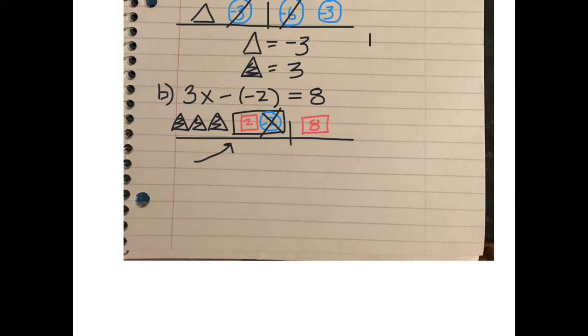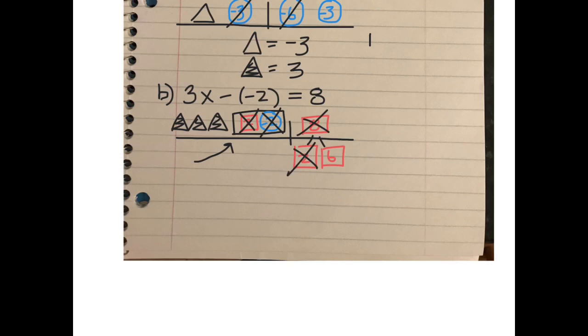I've got a positive 2 and a positive 8, so I can pretty much just start taking things off each side. These are both positives, both in red squares. So I'm going to cross 2 off this side, and I will decompose my 8 into 2 and 6.